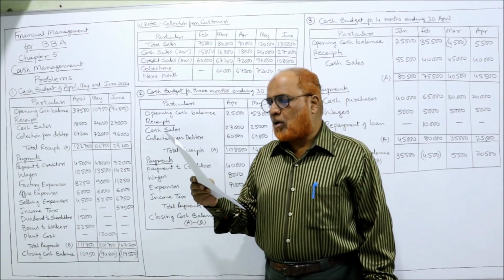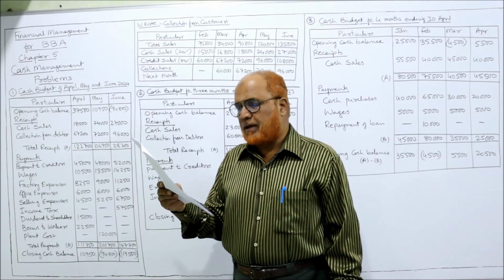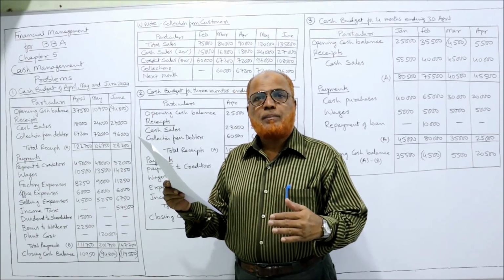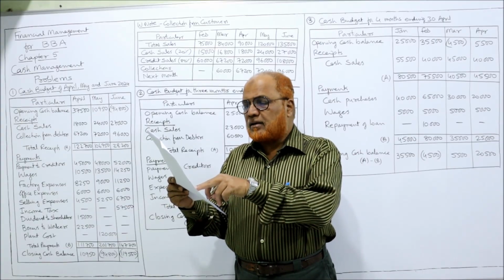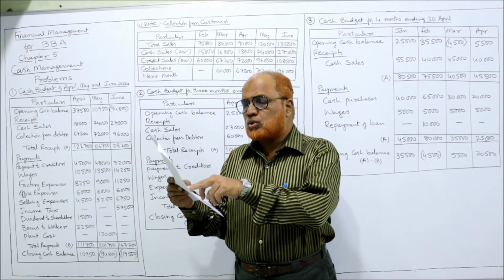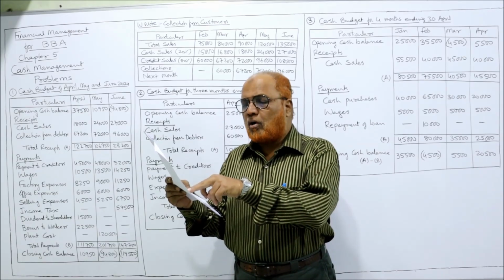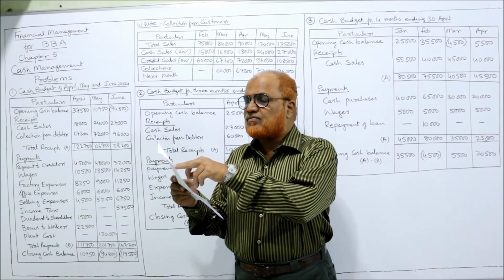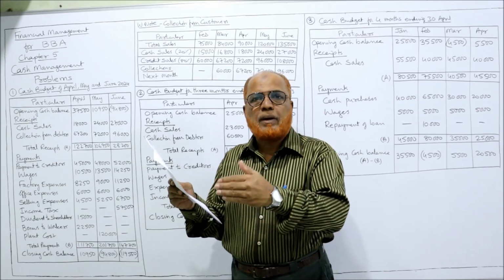A plant has been ordered to be received and paid in May. It will cost 1,20,000. Purchase of plant, dividend paid, bonus to workers and income tax are all payments, as are purchases, wages, factory expense, office expense and selling expense.